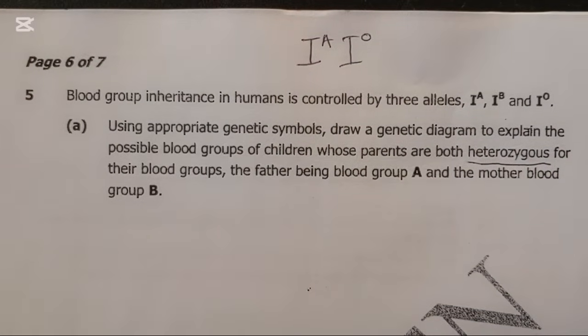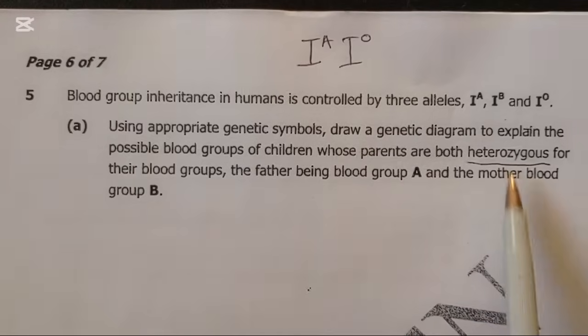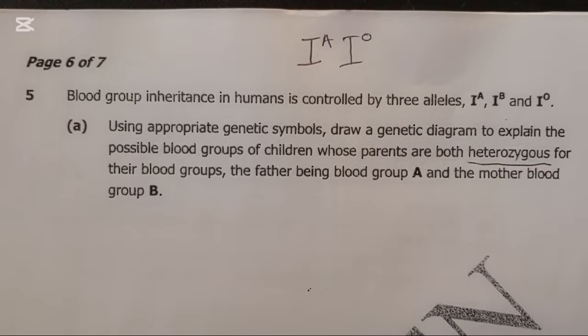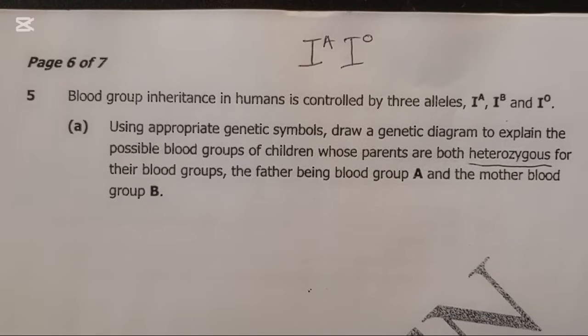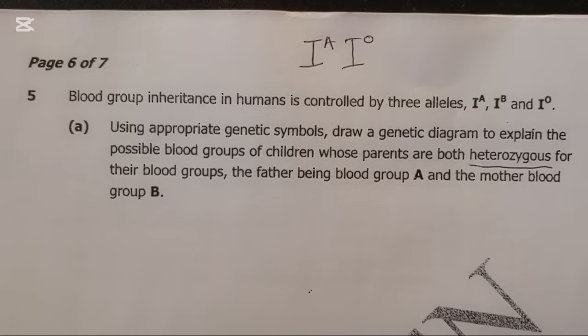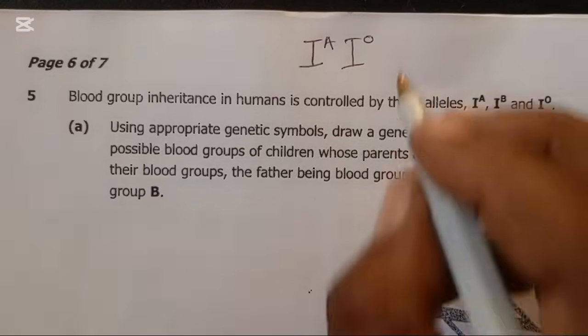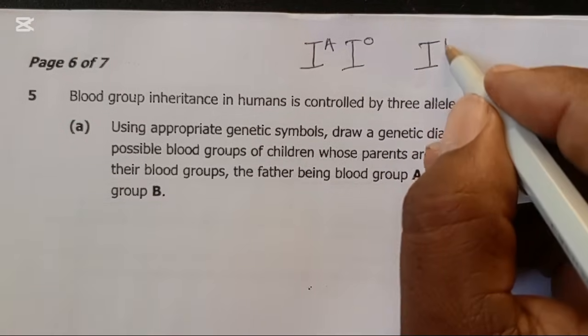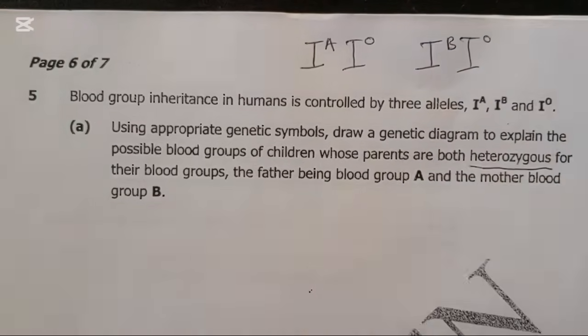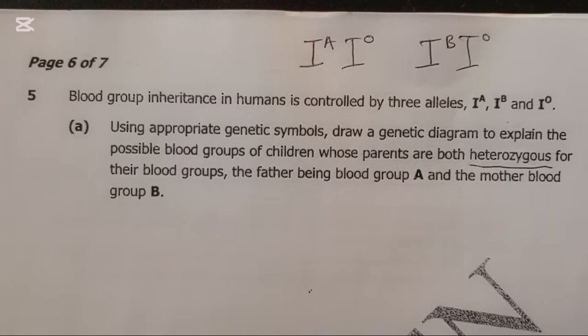If it was homozygous, blood group A is AA. What is the genotype of heterozygous blood group B? Blood group B heterozygous is BO, but for homozygous, it is BB.